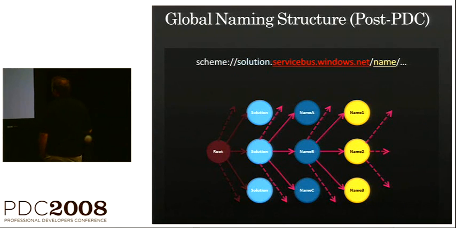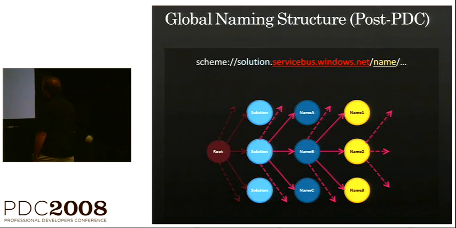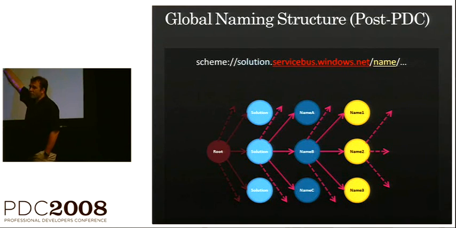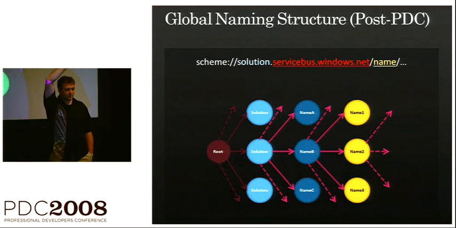After the PDC, in one of the next milestones, and milestones for us is roughly a quarter, we're going to switch that structure over, and it's going to be solution.servicebus.windows.net/name. And we might, and that's a might, and therefore it's not on the slide, allow you to grow that name, that URI, that projection, to both sides.